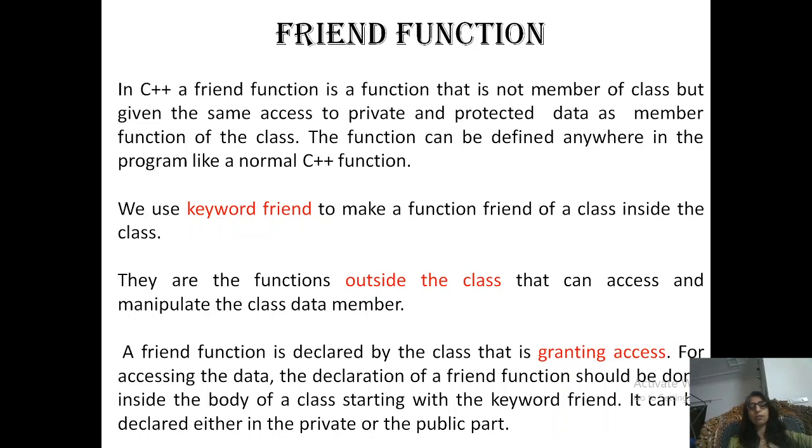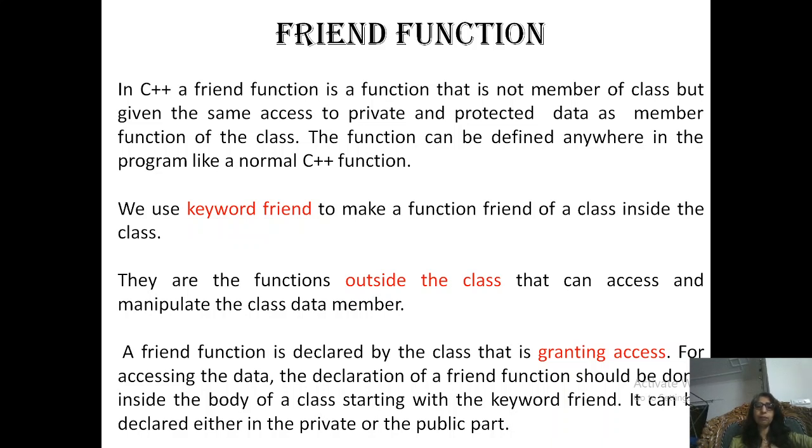So there is a facility known as friend function, and a friend function can access the private or protected data of a class. Generally a function can't do so, but if we declare a function as the friend function of a class, that particular function can access the private and protected data of a class.